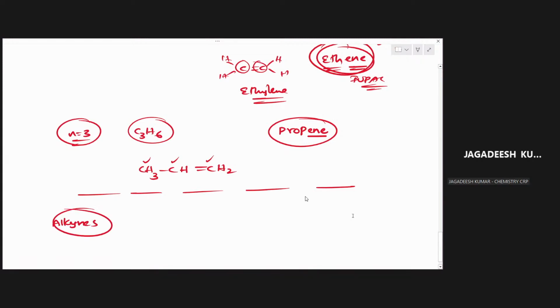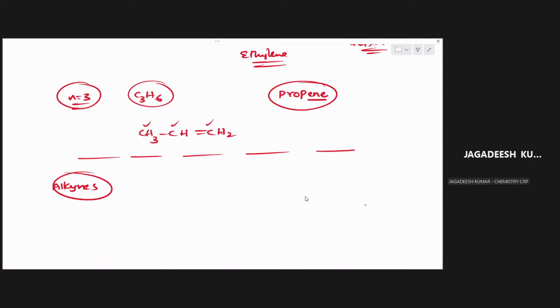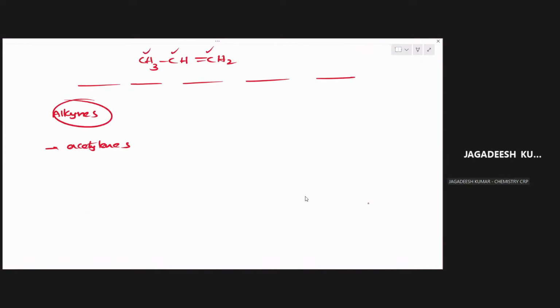And next, other unsaturated compounds are alkynes. Their common names are acetylenes, because the first member's name is acetylene. They must contain at least one carbon-carbon triple bond. The general formula of alkynes is CnH2n minus 2.